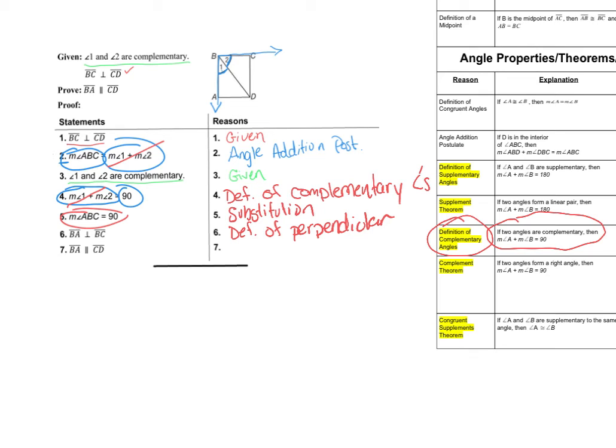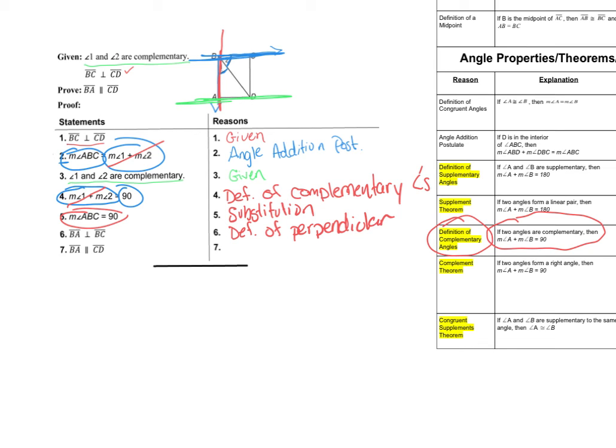So now we have the setup to use one of my converses from the previous slides. So here we have BA, and this line is perpendicular to BC because that was given information, and it's perpendicular to BA because we just proved it.